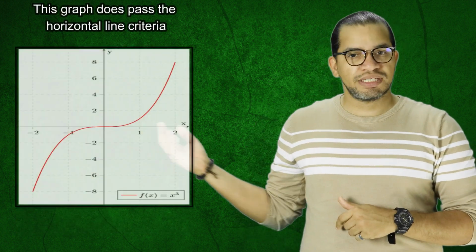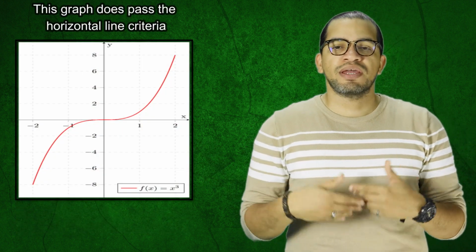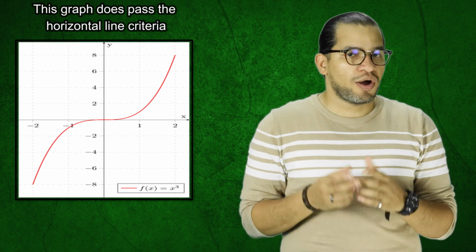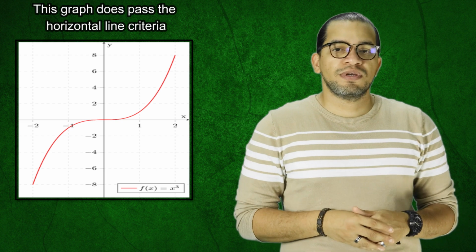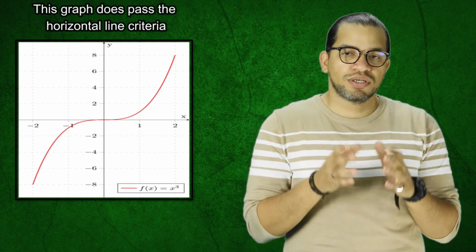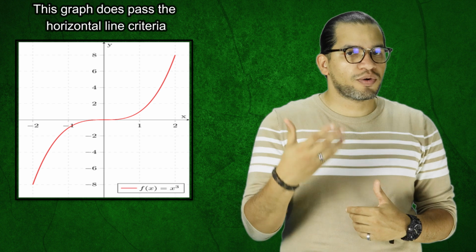Nevertheless, if we take the function f of x equal x cubed, as you can see on the graph, if we try to draw a horizontal line that intersects the graph, this line does not cut the function more than once.